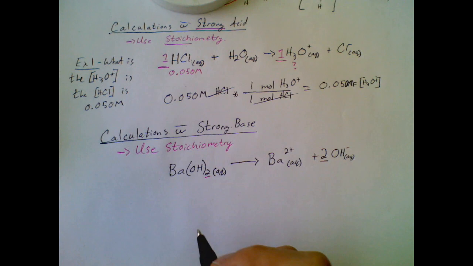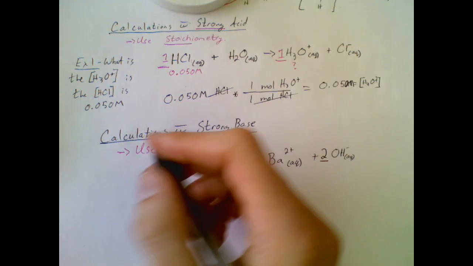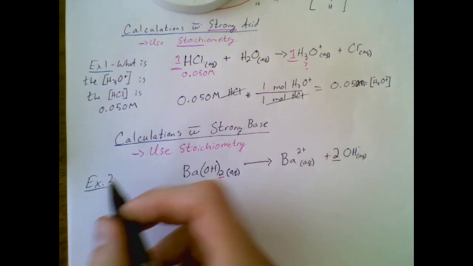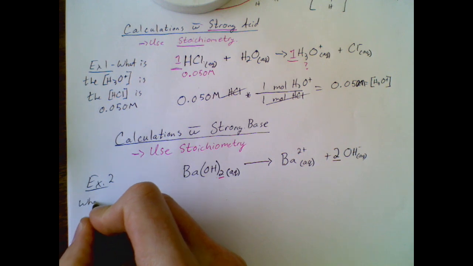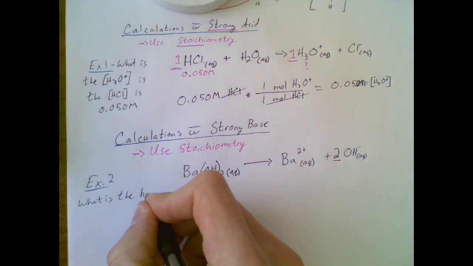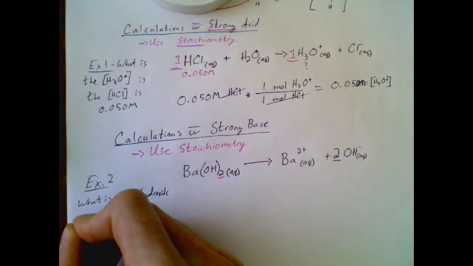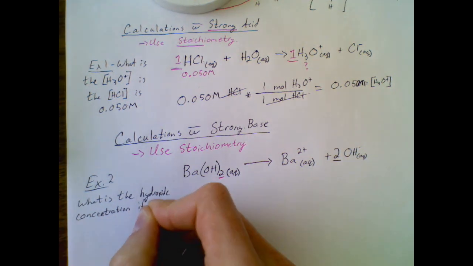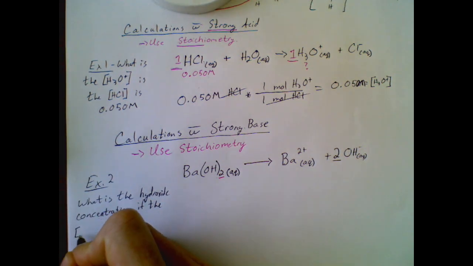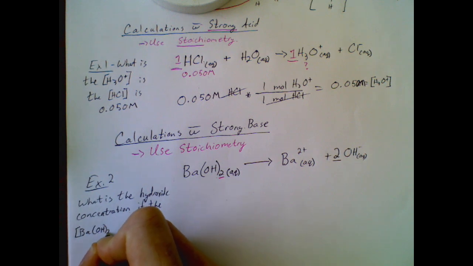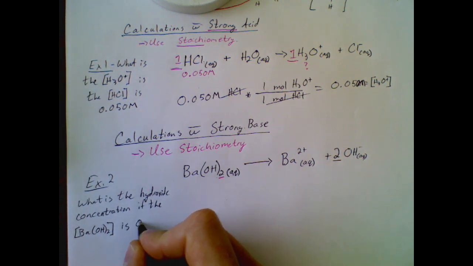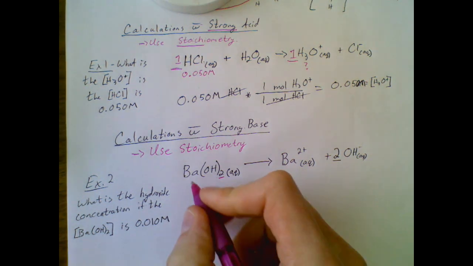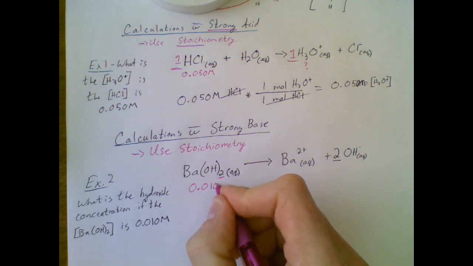Okay, so we're going to do example number 2. What we are trying to find is the hydroxide concentration if the concentration of barium hydroxide is 0.010 molarity.